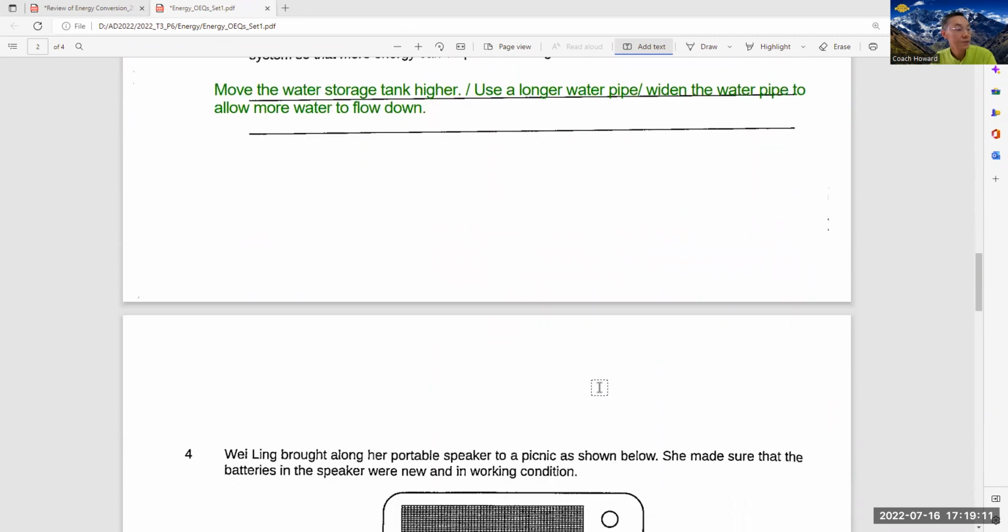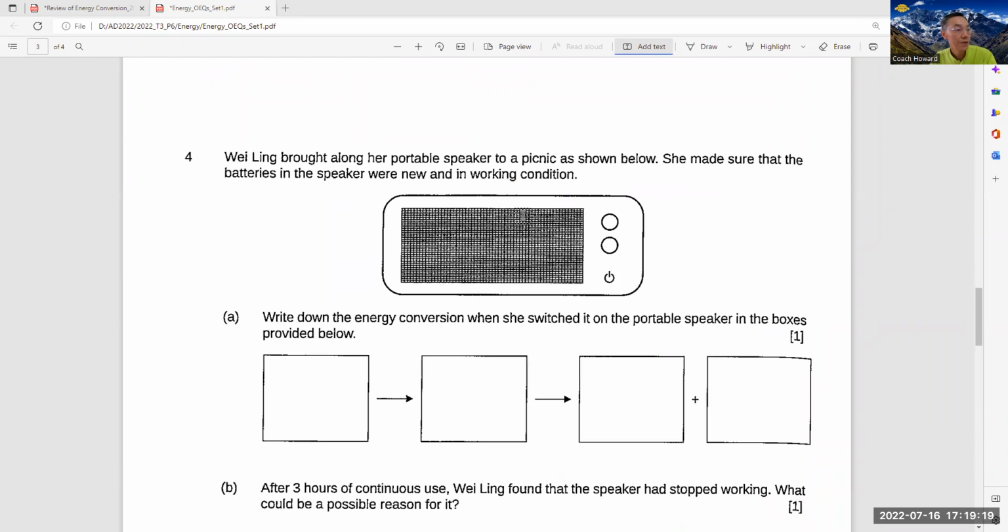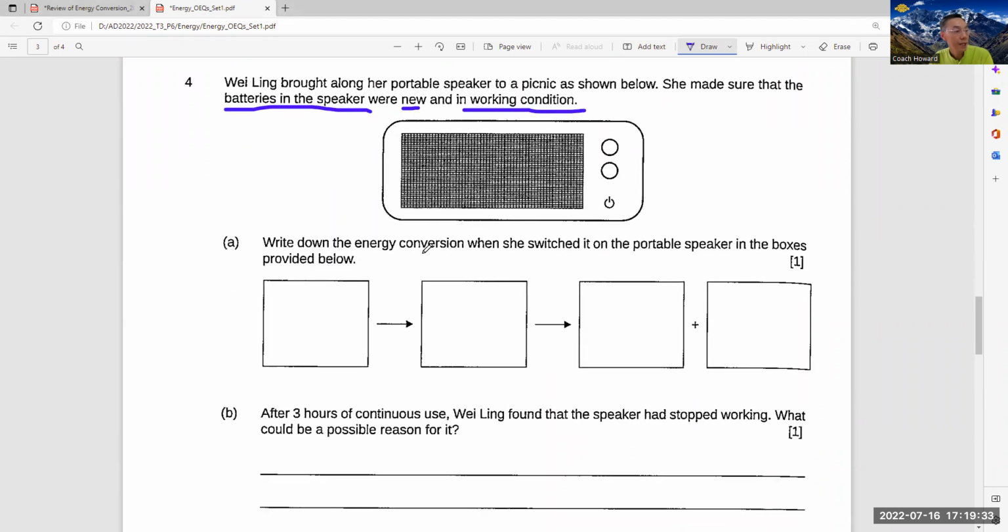Okay, so I scroll down. Next, this is the portable speaker she brought to a picnic. I believe you have seen this speaker before. Again, they say there are batteries inside, and you highlight this. They are new and in working condition, meaning it's functioning well. Write down the energy conversion when you switch on the portable speaker in the boxes below.